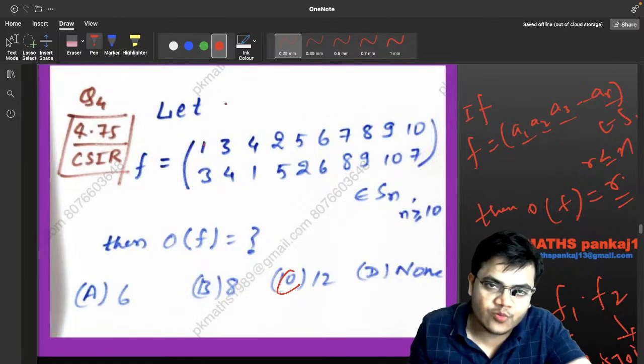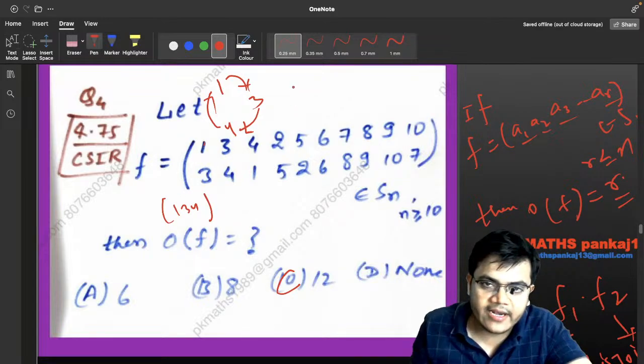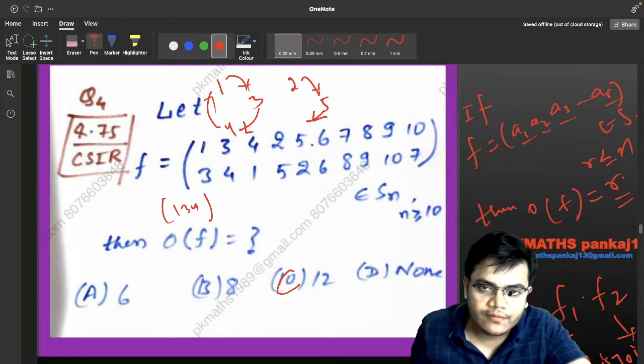Because you can see this 1 is going to 3 and this 3 is going to 4 and this 4 is going to 1. So this makes one cycle. What is that? 1, 3, 4. Once again, this 2 is going to 5, and this 5 is going to 2, so it's closed.